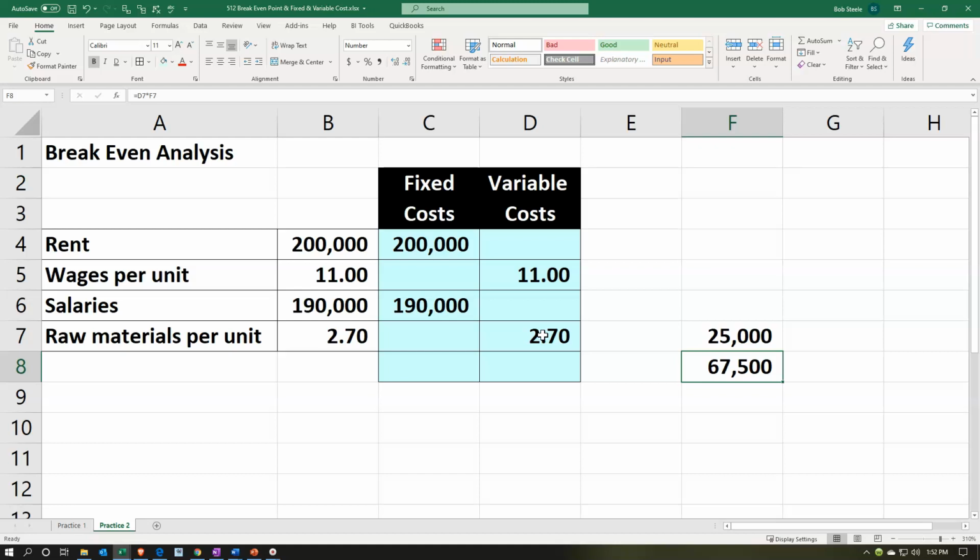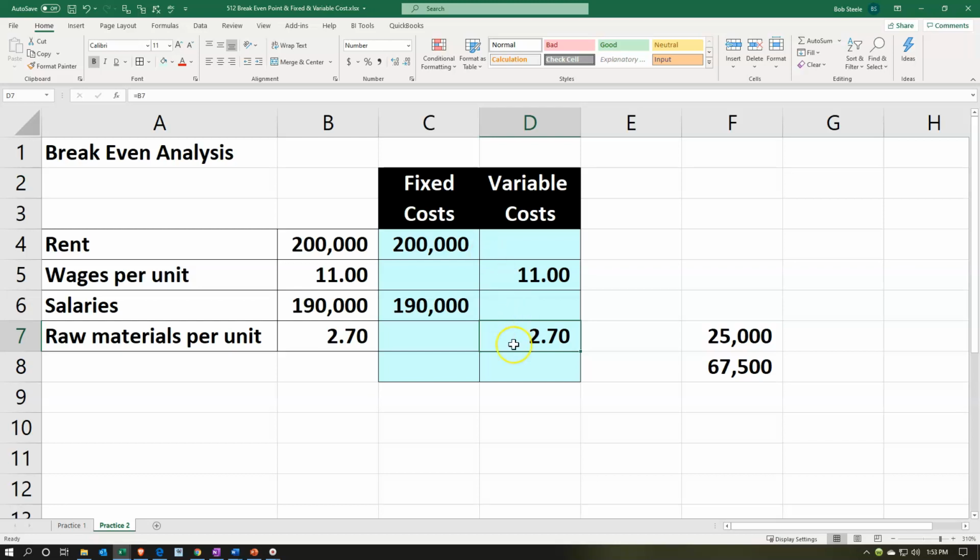However, the thing that's a little bit confusing is that if you are asked what will happen to the raw materials per unit price as it goes up, it will remain the same. Meaning, if we made more units, the total is going to go up because the unit cost is the same per unit. Whereas, as we saw with the fixed costs, if we were to break it out into a per unit format, the fixed cost per unit will actually go down.